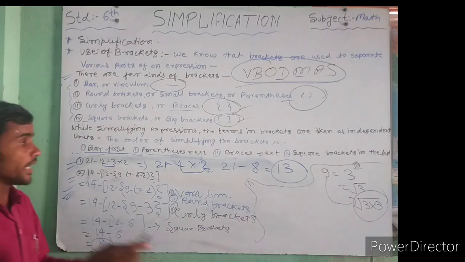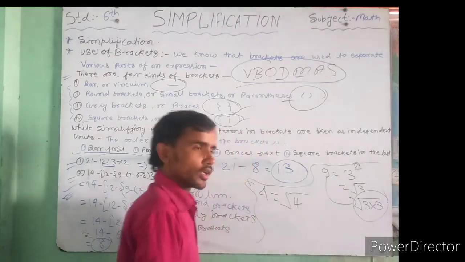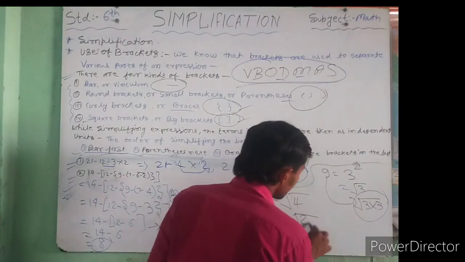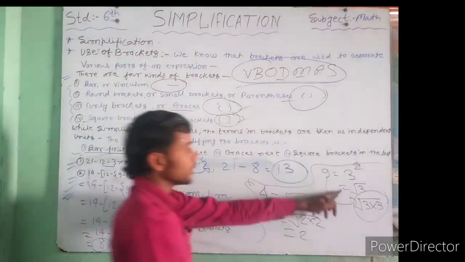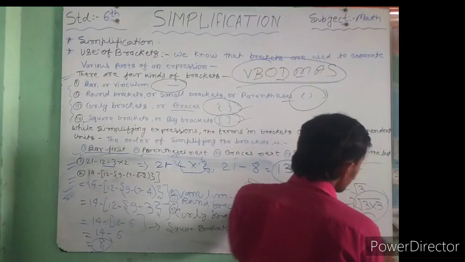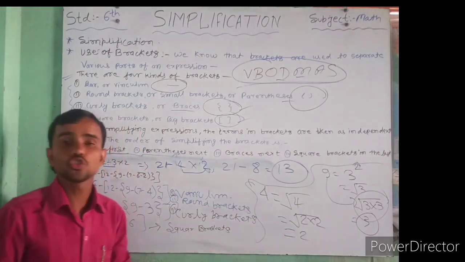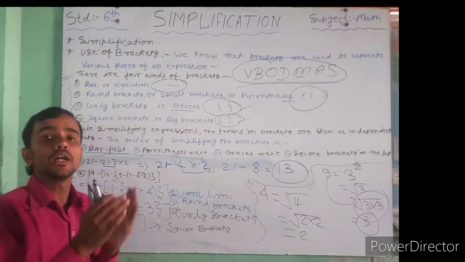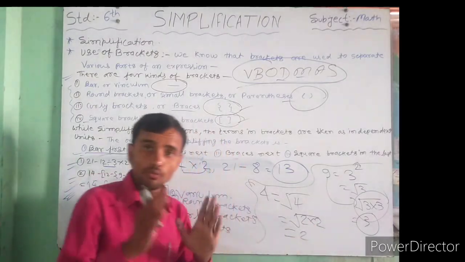Okay. Next, just like 4. If 4 is available, then you convert it. So when you start solving, 2 into 2, that's your answer. Why? Here, why is your answer 2? Because you understand about that thing. If root under any question comes, firstly you write the multiples of the number.